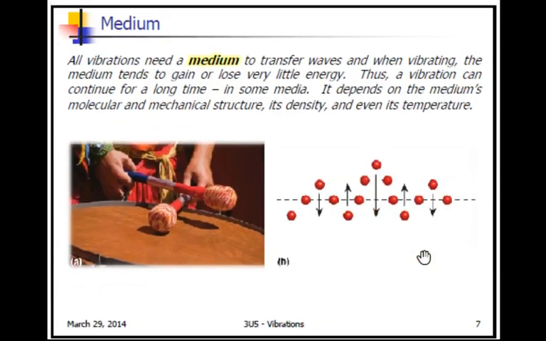If we have a vibration, but there is no medium for the energy from the vibration to travel through, we won't have a wave. So a medium is important for waves to transfer that energy from the vibration. A drum skin, for example, could be a medium through which a wave transfers.